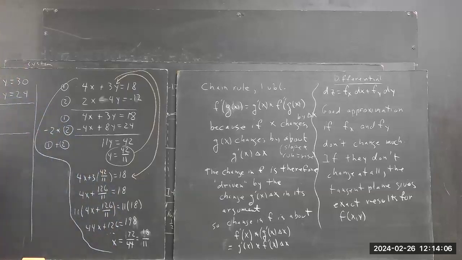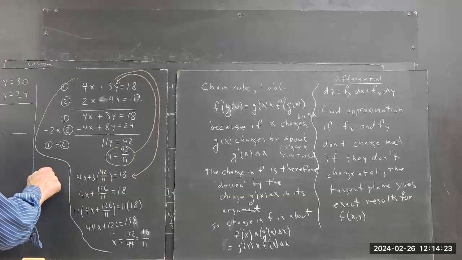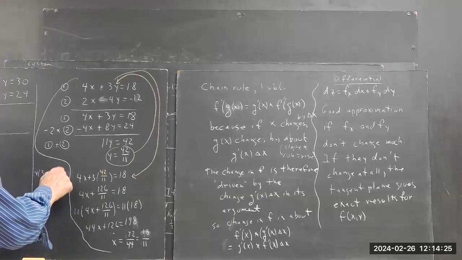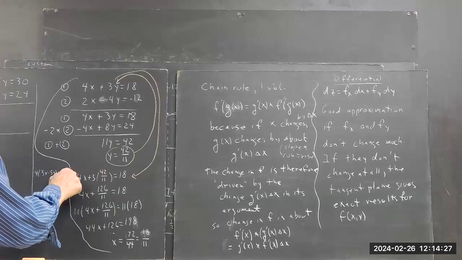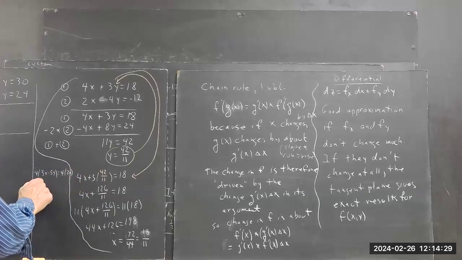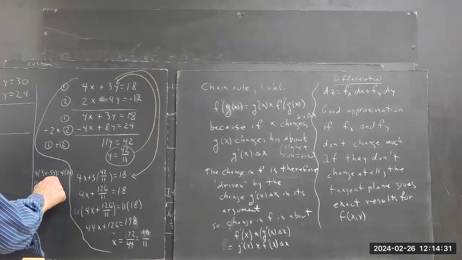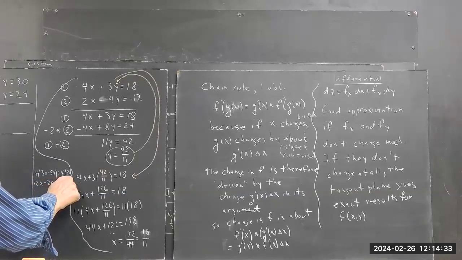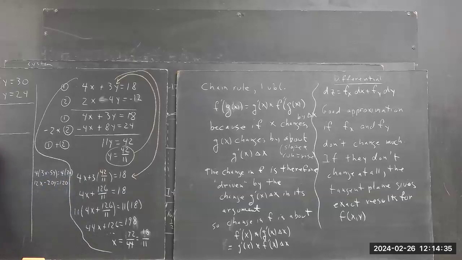Okay, that was good. Now I'll just illustrate. I'll carve out a little space here to do my scratching in, because I want everything to line up in columns. So I do 4 times 3x minus 5y equals 4 times 30, and I get 12x minus 20y equals 120.